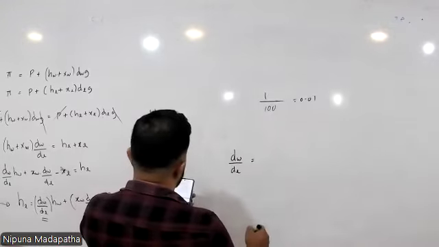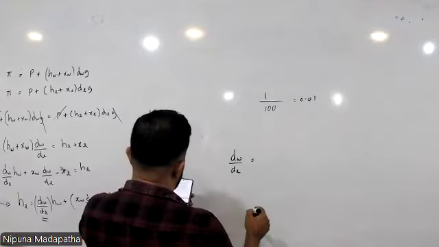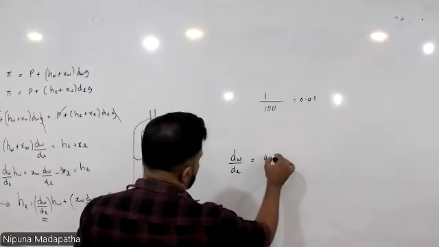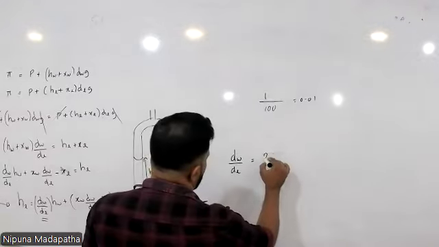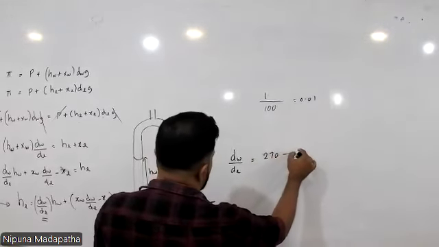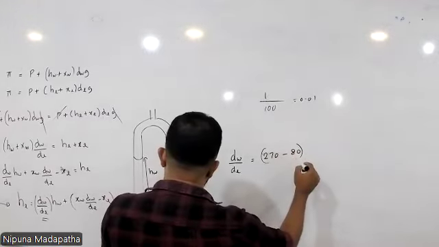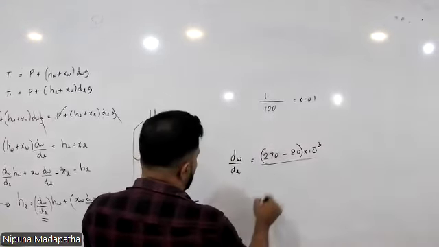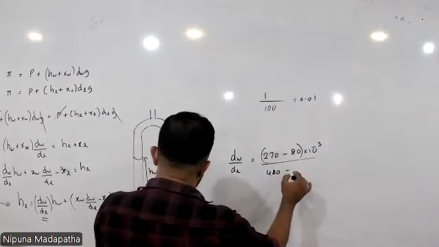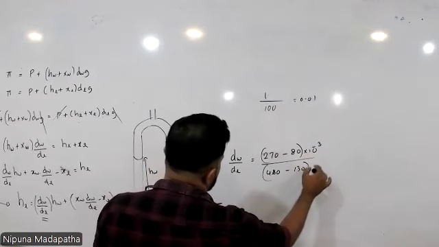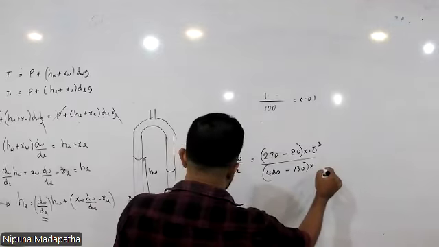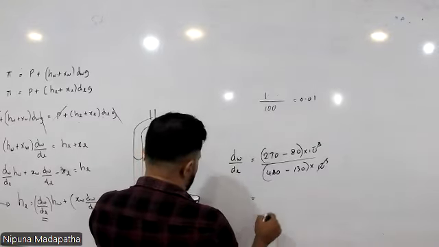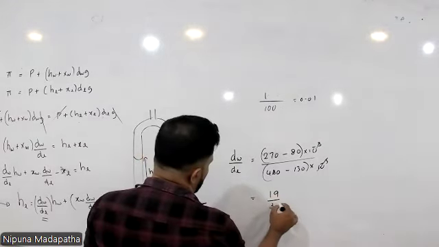What are the two points? 480 is on the x-axis. 270 minus 80 on the y coordinate difference here, power of 10 is minus 3. 480 minus 130 on the x coordinate difference here, power of 10 is 10 to the power minus 3.